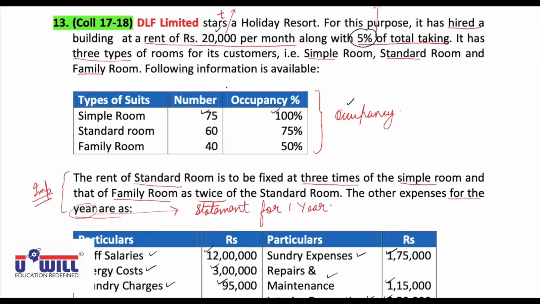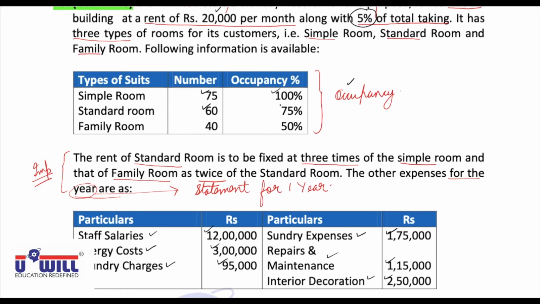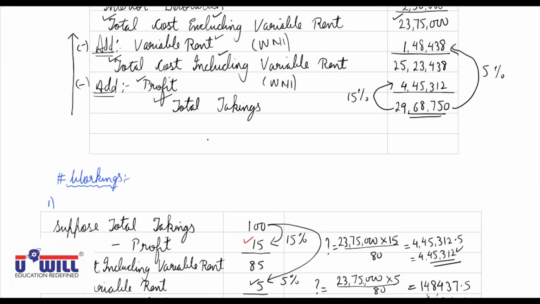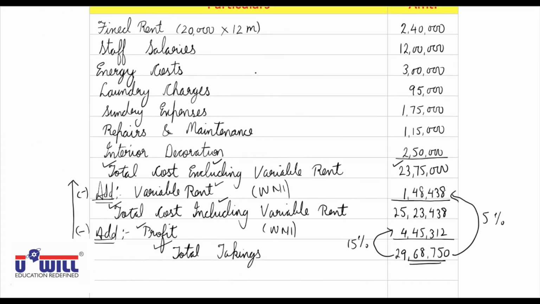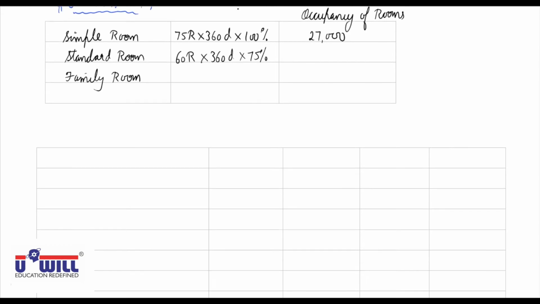Standard rooms occupancy is how much? 60 rooms into 360 days into 75%. Do it everyone in the calculator. 16,200 rooms get sold off during the year, standard rooms.